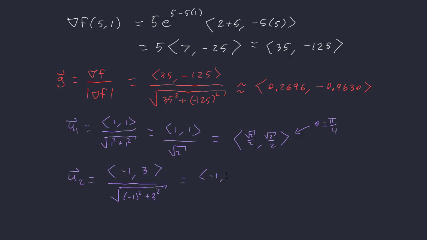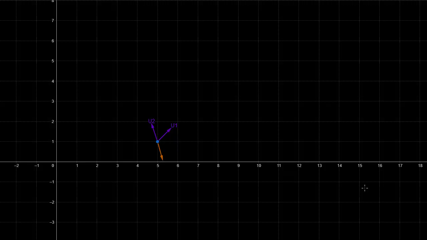So it's going to be negative 1, 3 over the square root of 10. Okay, so that's going to be the vector negative root 10 over 10, comma, 3 root 10 over 10. Now this part isn't 100% necessary, but it also doesn't hurt.